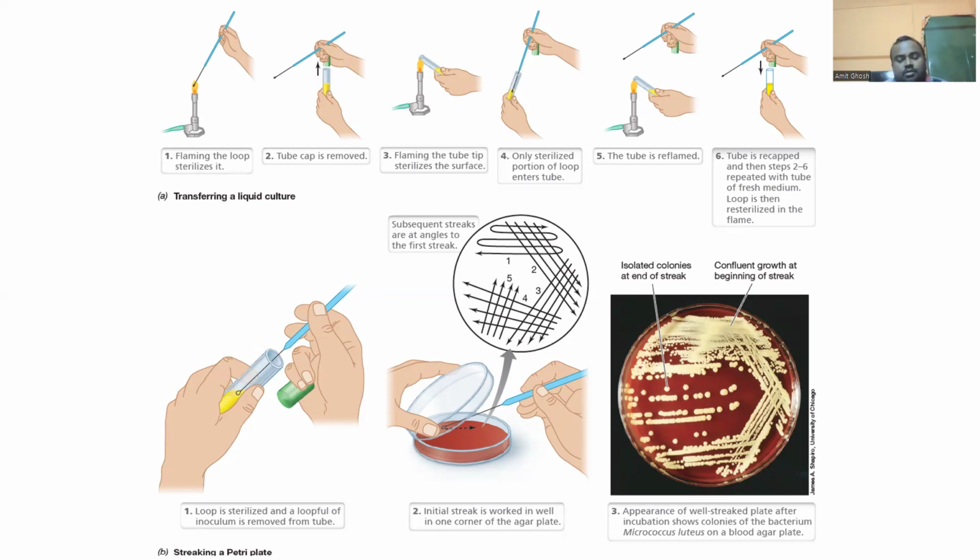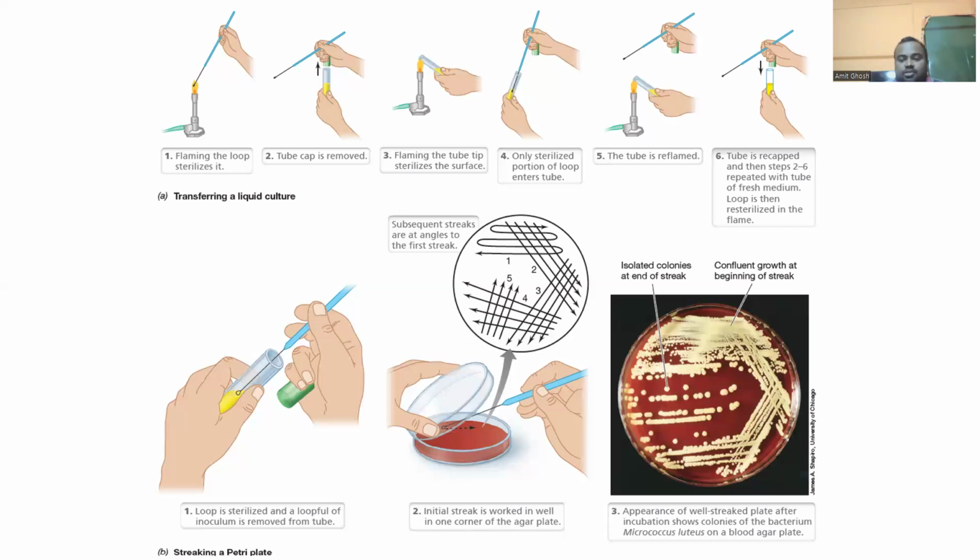Then you have a solid culture media plate, and you make subsequent streaks at angles to the first streaks, and this is the streaking method. The initial streak is worked well in one corner of the plate, and if you incubate this plate for a certain time like 12 to 20 hours or overnight, you will see the colonies on the plate, as per the pictures on the left side in the lower panel.